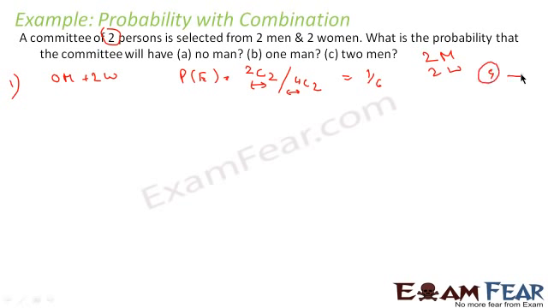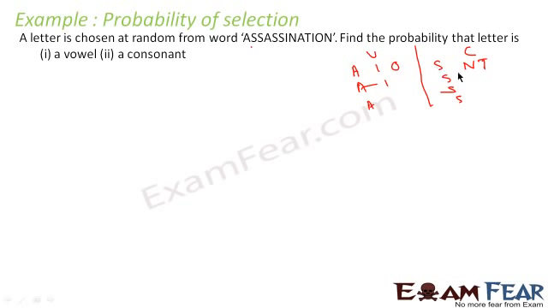A, S, S, O, C, I, A, T, I, O, N. We have now categorized the word into vowels and consonants. So this is 3, this is 2, this is 4, this is 2, this is 1, this is 1.